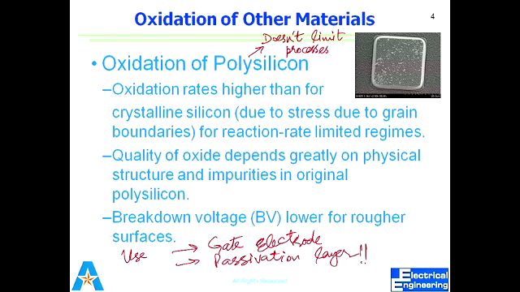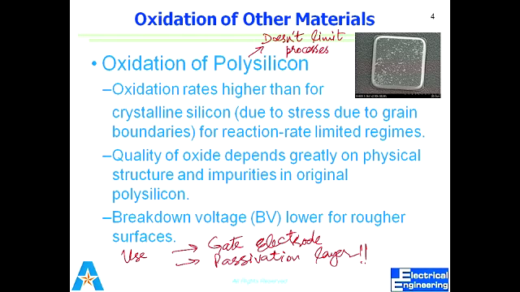This is because, as I told you, at the grain boundaries there would be stress. This part and this part of silicon in a polysilicon are in different formats, so there is stress at every grain boundary. Due to the stress at the grain boundaries, the diffusion is always higher, and diffusion is one of the parameters that increases the rate of oxidation. So the oxidation rate would be higher in polysilicon as compared to crystalline silicon.